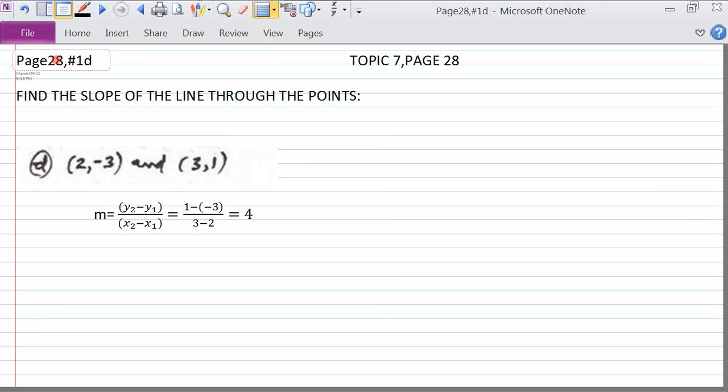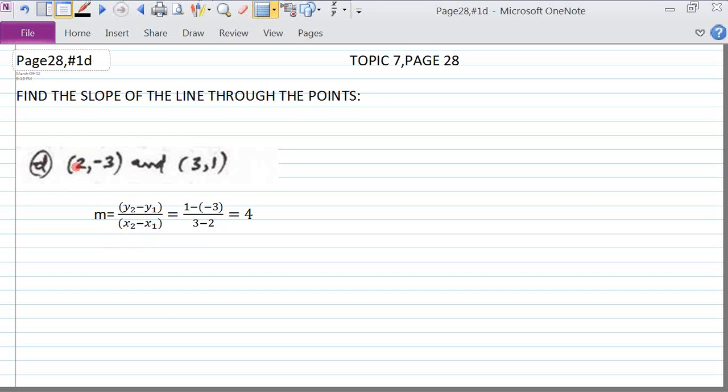So the problem 1D on page 28, we're given the ordered pair 2, minus 3 and the ordered pair 3, 1, and we're asked to find the slope. So the slope m is equal to the difference in the y's over the difference in the x's.